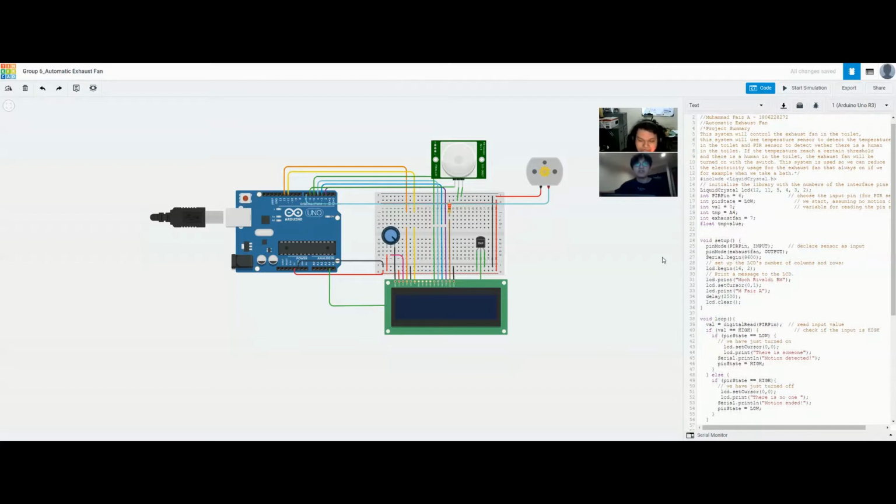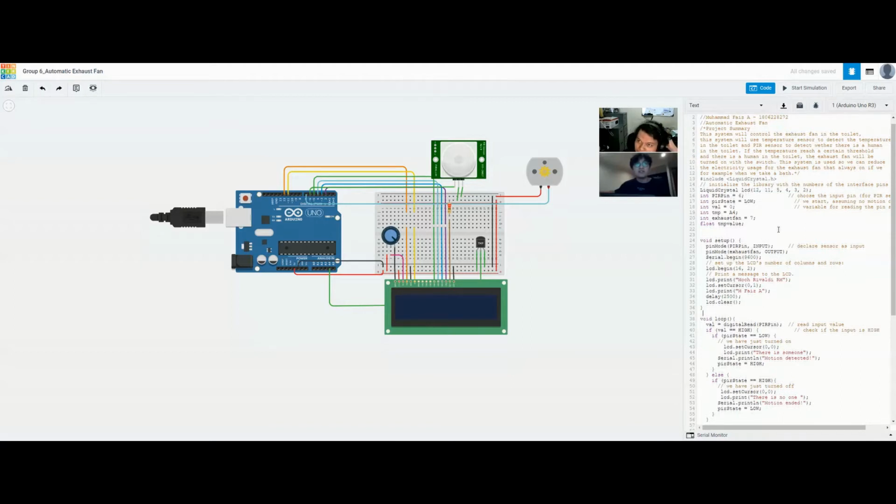We use Tinkercad for the project simulation because it has Arduino Uno as the microcontroller. For this project, we use first Arduino Uno, second PIR sensor, third temperature sensor, fourth LCD display, fifth DC motor to simulate the exhaust fan, sixth breadboard, and last but not least a 220 ohm resistor.